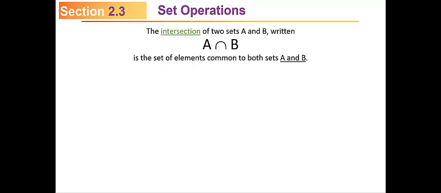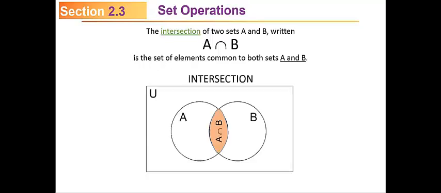The intersection of 2 sets A and B is the set of elements common to both sets A and B. Using Venn diagrams, you can illustrate the intersection by looking at the overlapping areas of the circles that represent A and B. So the intersection is the overlapping part, the elements that are in common to both sets.